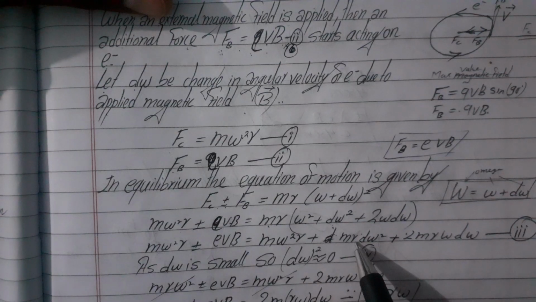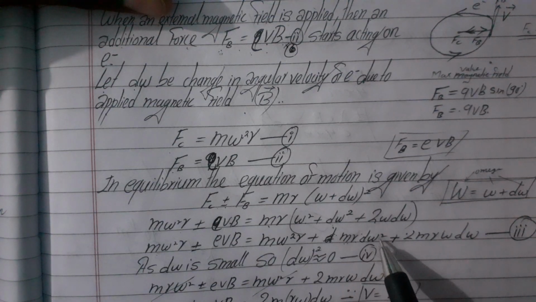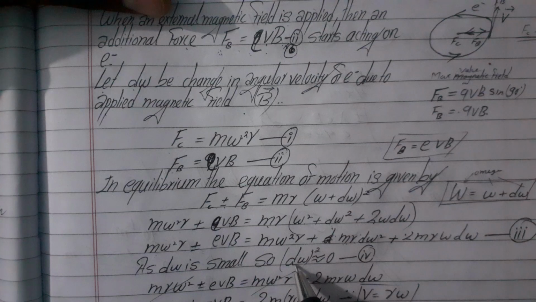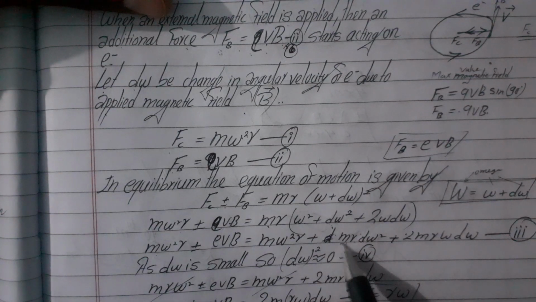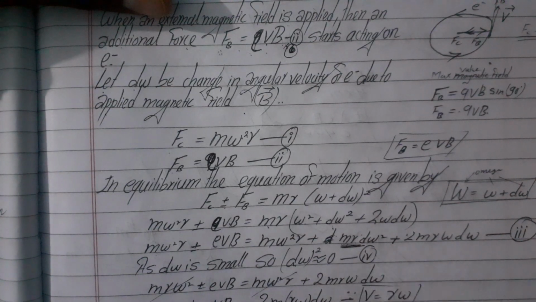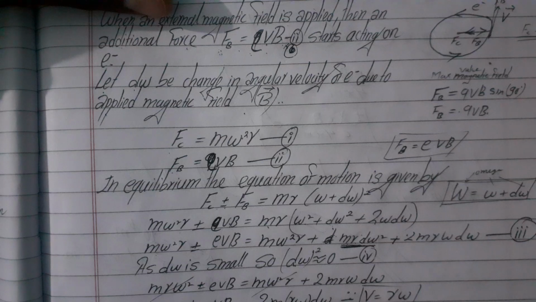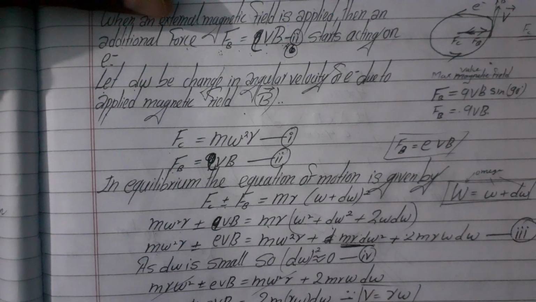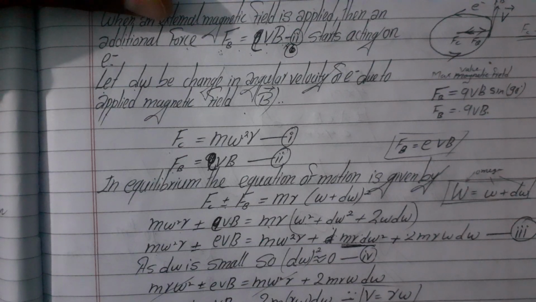Here, d omega square is approximately equal to 0, so we put 0 there. Then omega square cancels, and we get evB equal to 2 m r omega d omega.